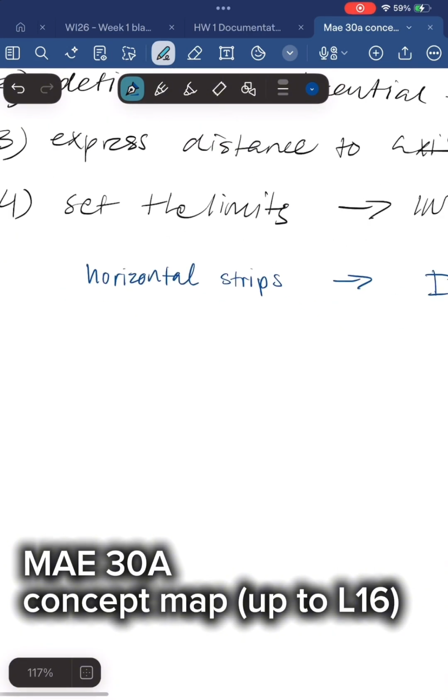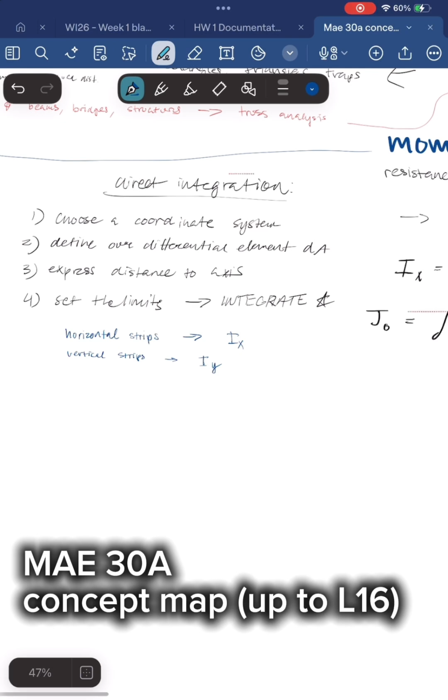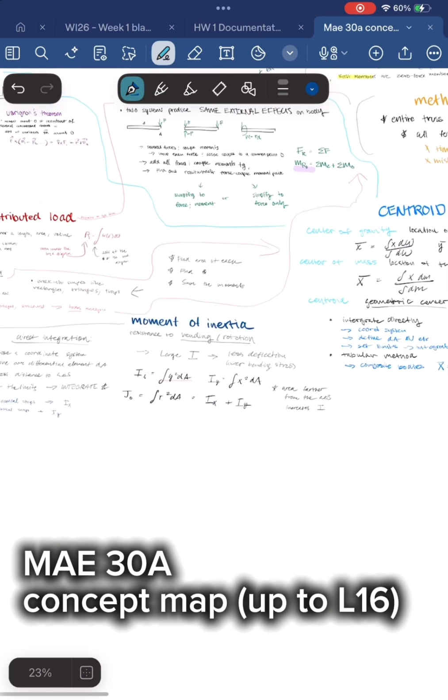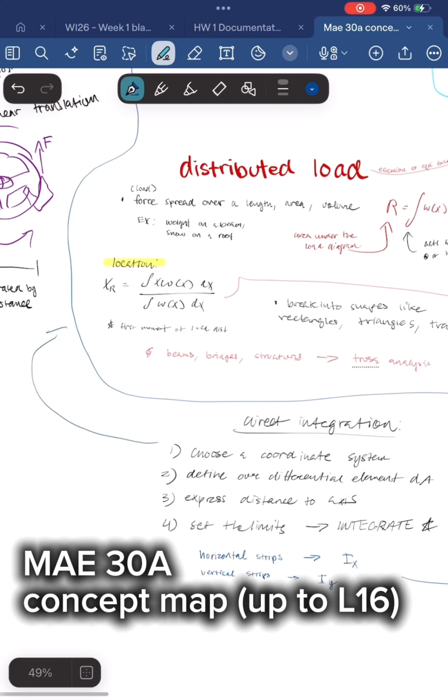And if we're looking for vertical strips, we're going to use I_y. This is the same integration process that is used in calculating centroids and distributed loads.